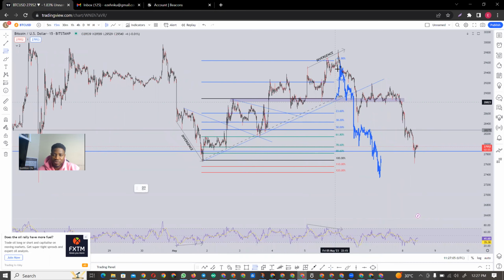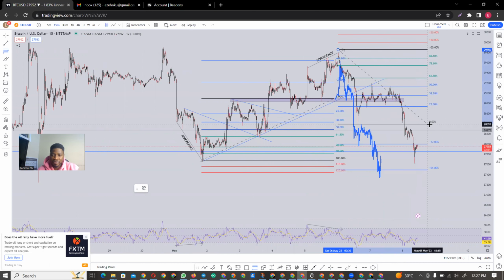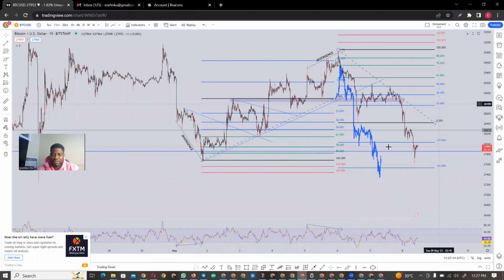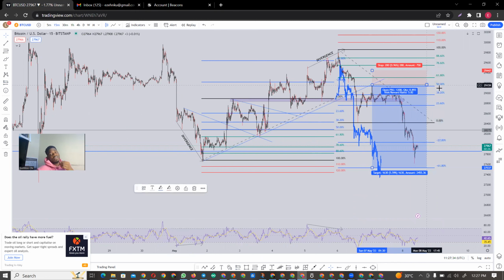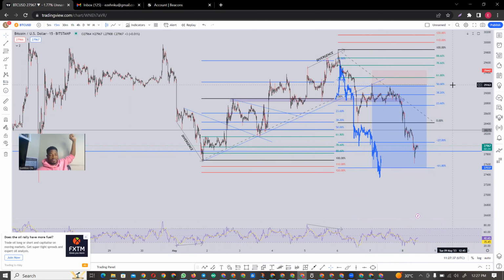We had that divergence, we had this clean break of structure and break of trend line. You see, break of structure and break of trend line, market retest, and it did what? It sold. So it's not rocket science. I'll be waiting for market to come down to this place. That's how I came about that entry.